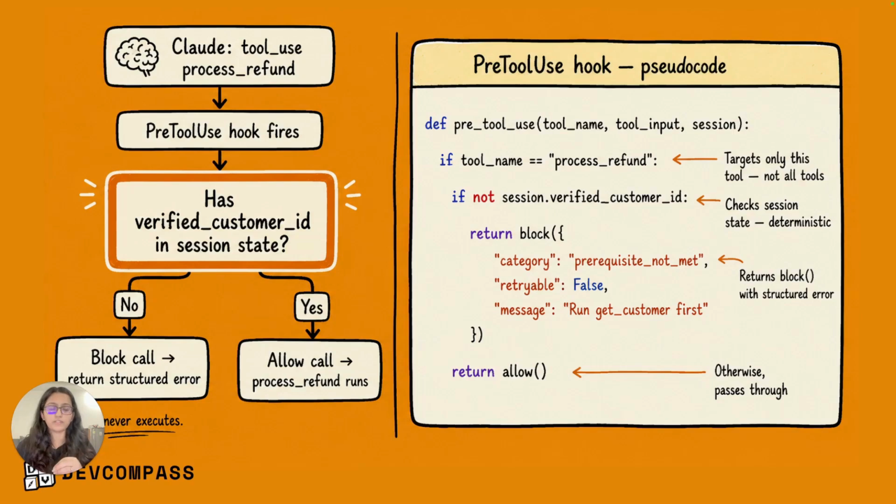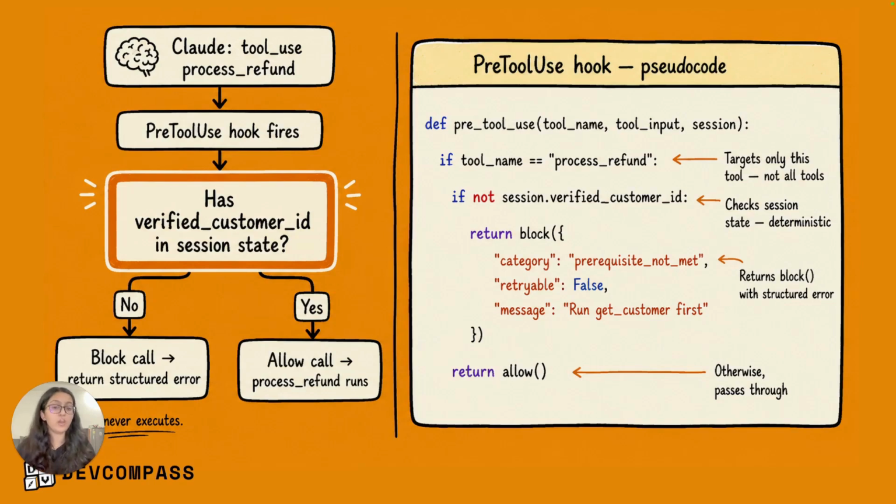The gate box, again with the amber border, which is your code, checks one thing: does the current session have a verified customer ID? This is the session state that your code maintains. Every time getCustomer runs successfully and returns a verified customer, your code stores that ID. The hook checks whether that happened or not.